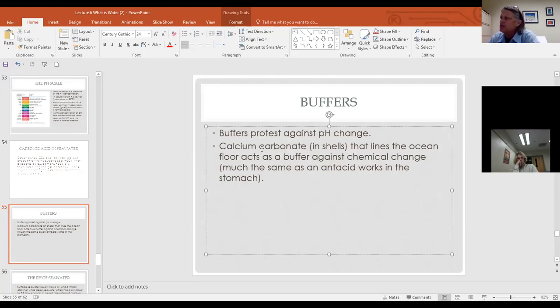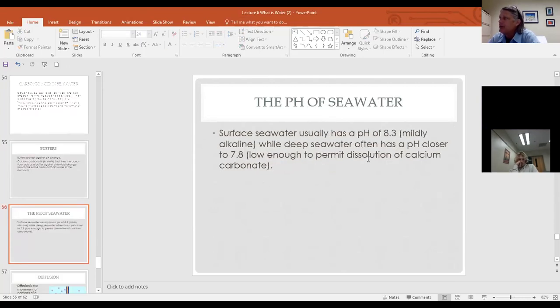So this carbonate, which would normally be used with calcium to make a shell, can't be used because it's being used with the hydrogen to neutralize the acid. So our pH is between 8.3 and 7.8 from top to bottom of the ocean. So we're averaging about 8. The pH of the ocean is about 8 overall.